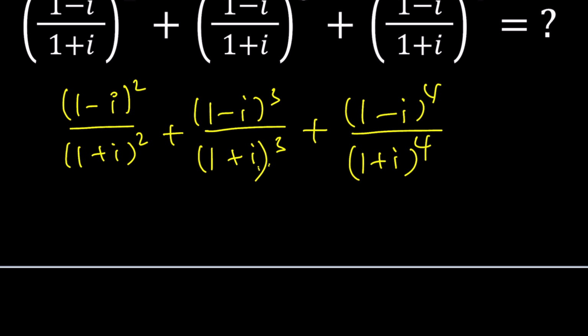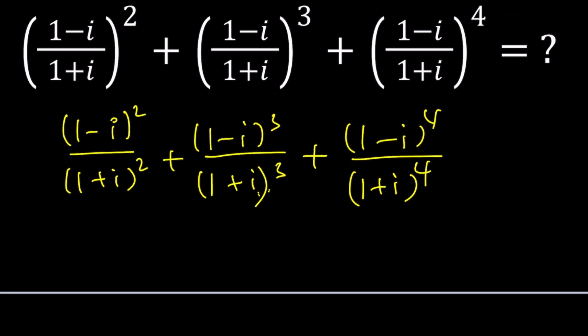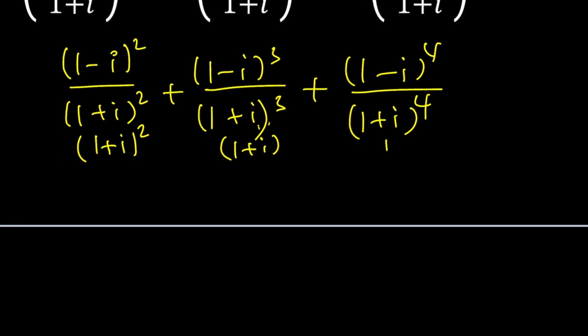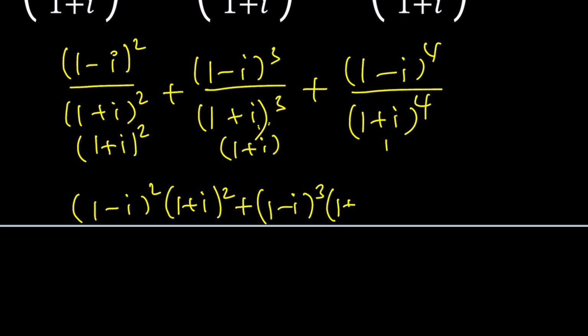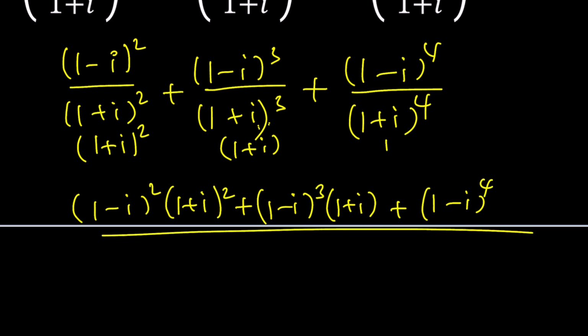Now, what wouldn't you do for a problem like this? Making a common denominator. Why? Because there's better ways to do it. But if you were doing it, you would multiply this by (1 plus i) squared, this by 1 plus i, and this by 1. So then you would have (1 minus i) squared times (1 plus i) squared in the numerator, and then you would have (1 minus i) cubed times (1 plus i), and then you would have (1 minus i) to the fourth power, and then all of that would be divided by (1 plus i) to the fourth power, which is the common denominator, right?